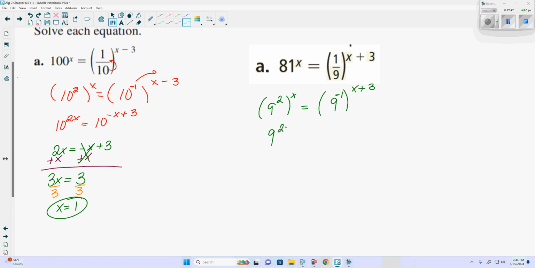Now, because of our exponent properties, 9 to the second power to the x is the same as 9 to the 2x. Our 9 to the negative 1 to the x plus 3, we'd have to distribute the negative 1 to both, giving us negative x minus 3.